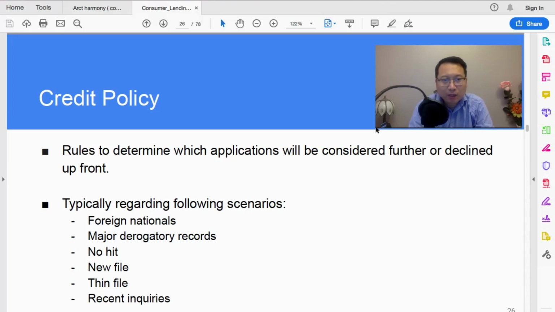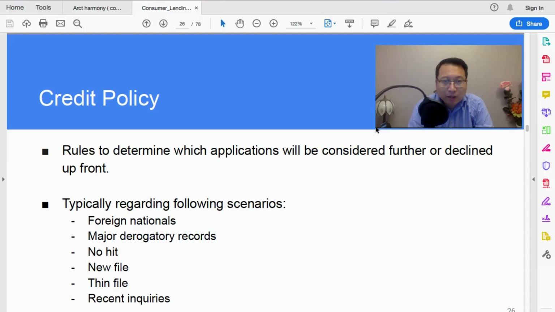Let's look at some specific examples. Okay, so we have a few scenarios here. Typically, each lender has policy around these. The first one is foreign nationals. If the bank is more domestic oriented, it might not grant any credit to foreigners.